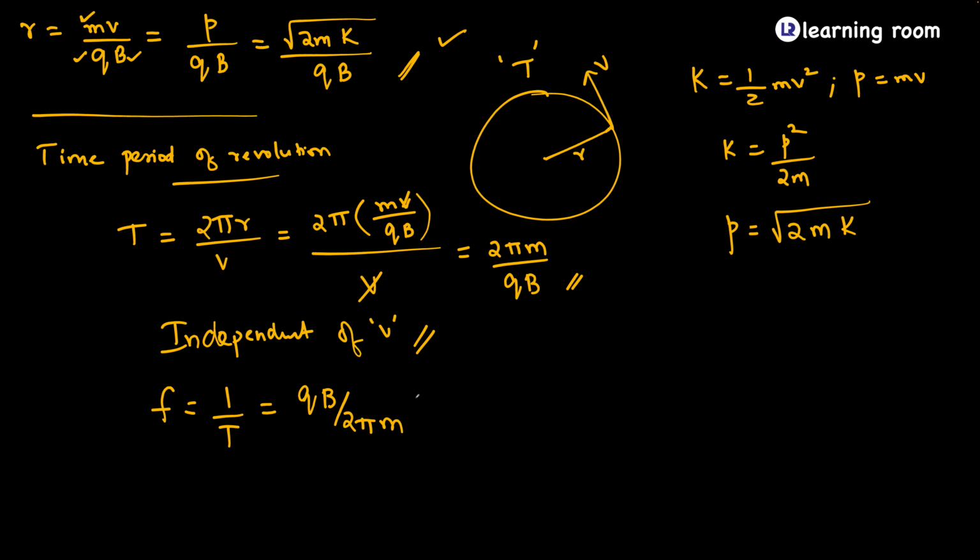And this frequency is generally called the cyclotron frequency. A cyclotron is a device which is used to accelerate charged particles, about which we'll discuss later. I hope I'm clear. You understood how to calculate time period and frequency, right? So make a note of this.